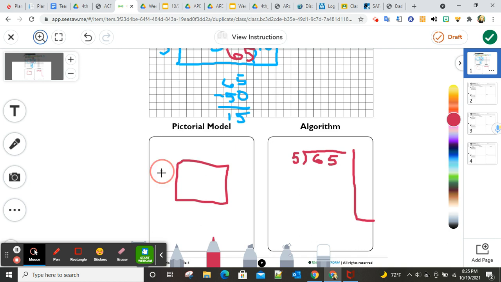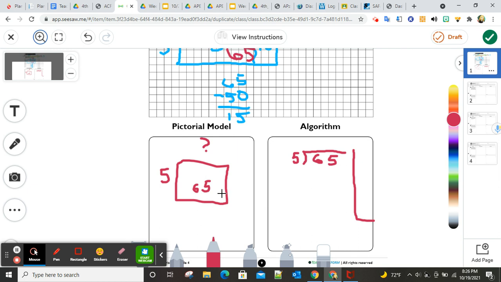So I know I have 5. And I know that on the interior I have 65. And I'm trying to figure out this other side of the area model. So the divisor's 5. I've got the dividend at 65. And I have a side I don't know, which I'm trying to figure out.